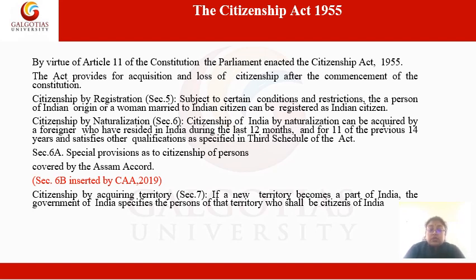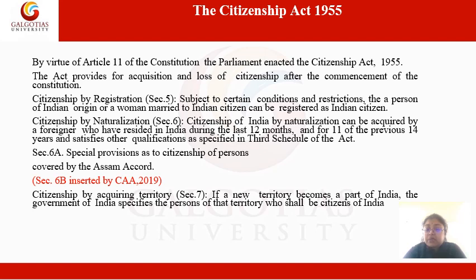6A was a special provision as to citizenship of persons covered by the Assam Accord. What the Assam Accord is, I have dealt with in one of my different presentations; you can go and refer to that. 6B is analogous to that. Special provision means the Assam Accord people are those who get special protection from being called illegal immigrants.